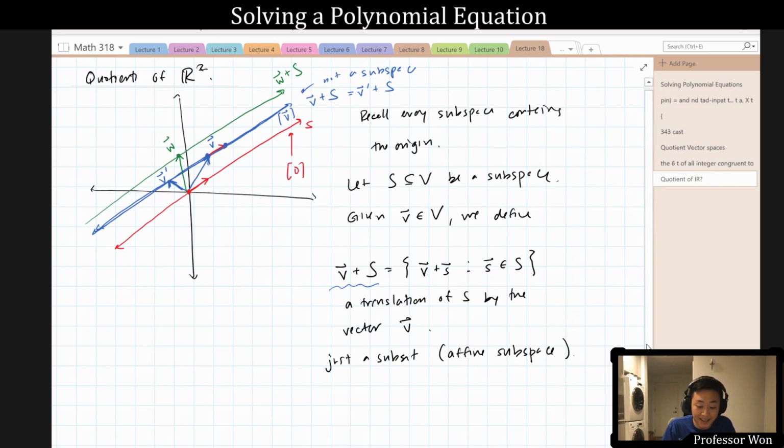And so if you consider the space of all lines that are parallel to S, it's going to break our vector space up into a bunch of pieces, and we're able to consider those as vectors in a different vector space. Okay. This is a picture of a quotient of R2 given by, well, we haven't seen exactly why it's a quotient yet because we haven't defined a quotient vector space.